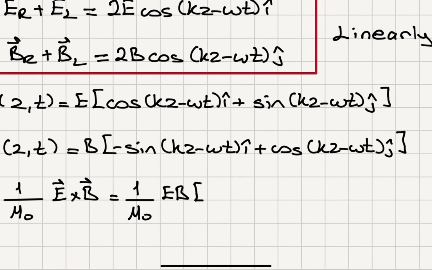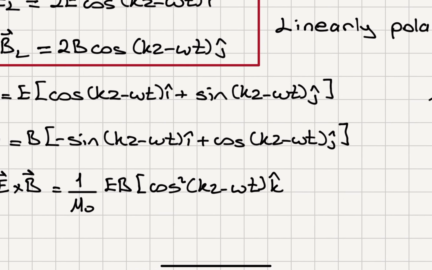So i hat cross i hat is 0, i hat cross j hat is k hat. So I will obtain cosine square (kz minus omega t) in the k hat direction.